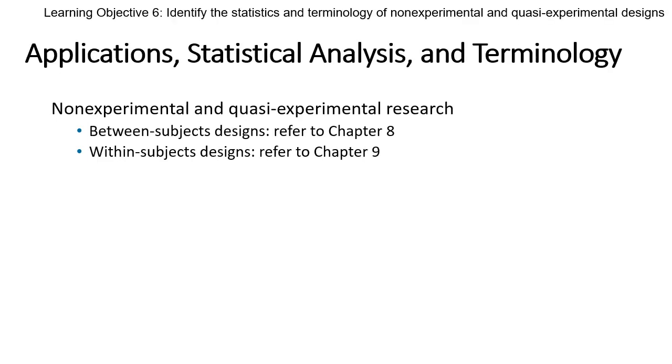So let's get to the next learning objective and the final one, identify the statistics and terminology of the non-experimental and quasi-experimental design. So here we're looking at what stats are being used and what terminology is being used. For non-experimental and quasi-experimental research, just refer to the between subjects designs and within subjects designs that we already covered. It pretty much just continues on.